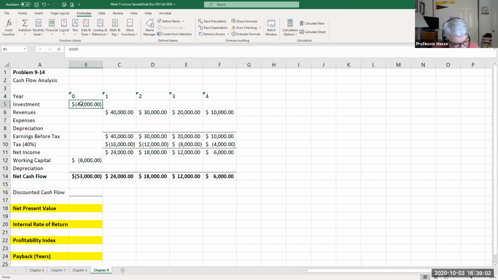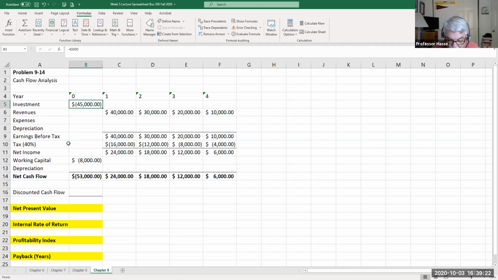They tell us in the problem that working capital required in each year is expected to be 20% of revenues in the following year.